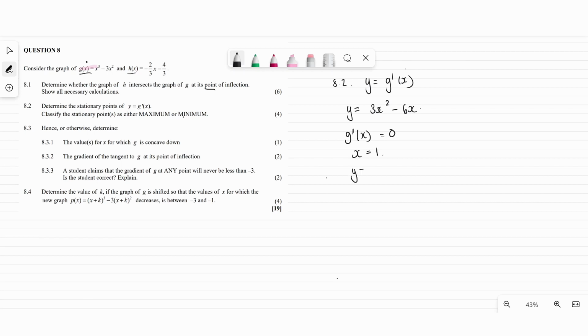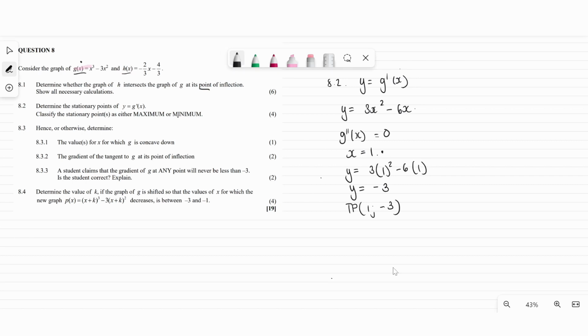So basically we're also looking for the turning point. So making our turning point, our TP, the coordinate, this is going to be the x1. So it's going to be 1 and -3. So that's going to be the turning point, right? So that's how you find the stationary point when y is equal to the first derivative of x.